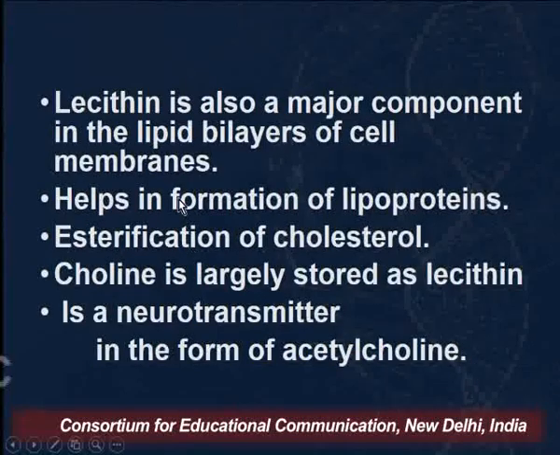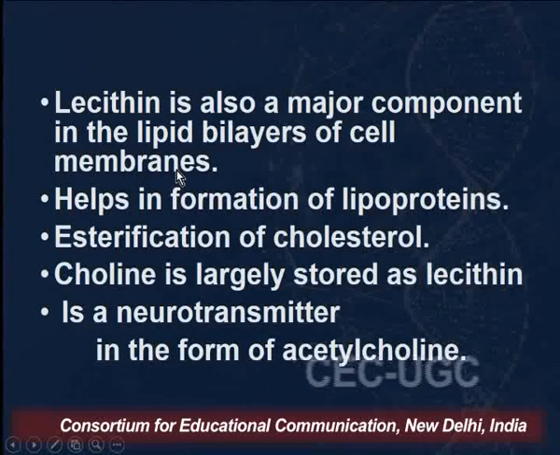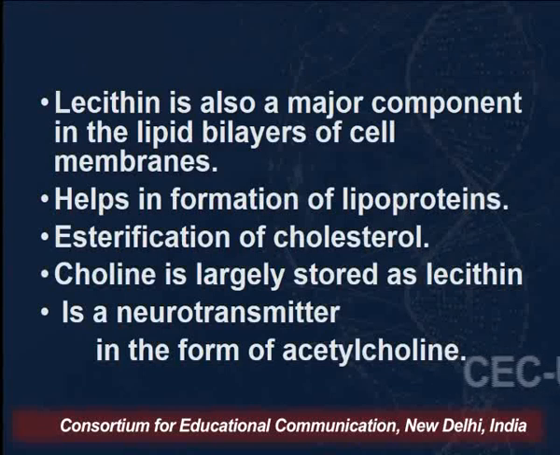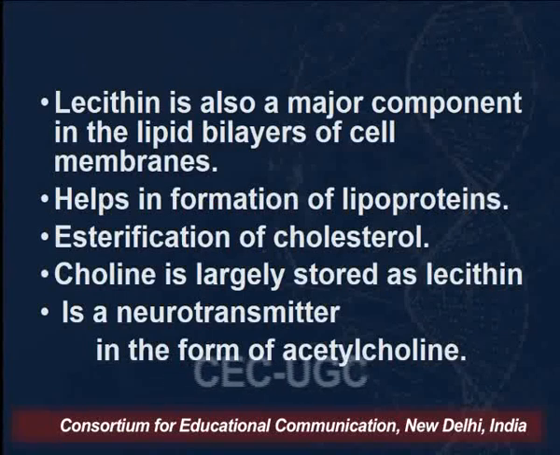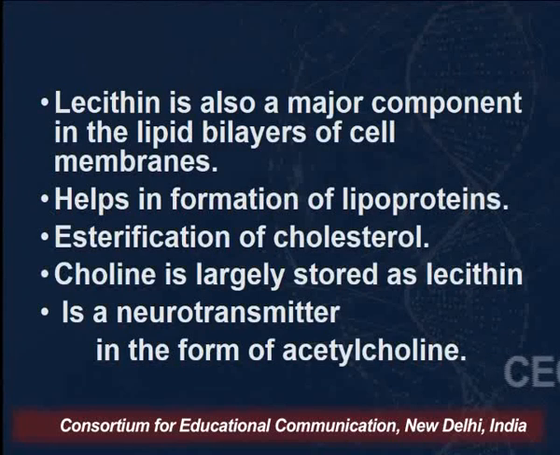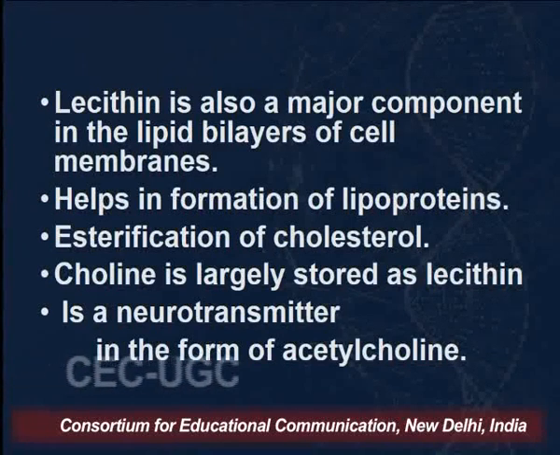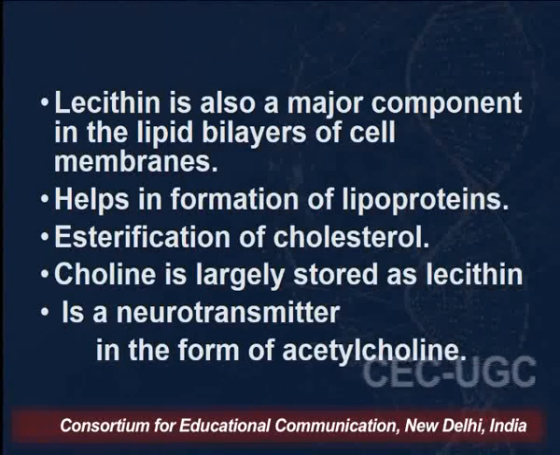So where do we find lecithin? Lecithin is made up of a phosphatidic unit along with choline, and it is a major component of the lipid bilayers of cell membranes. Not only this, it also helps in the formation of lipoproteins and in the esterification of cholesterol.